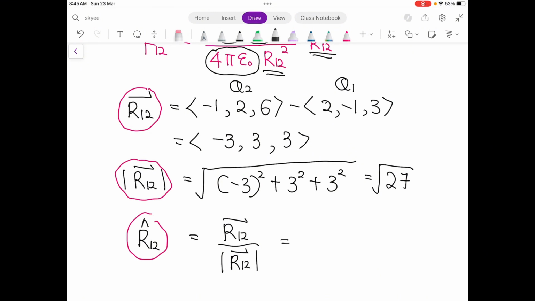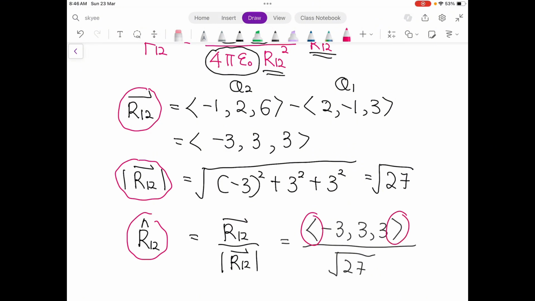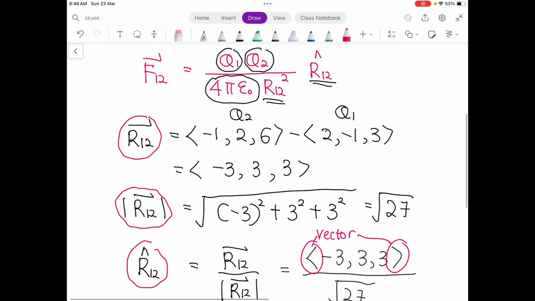So we put (-3, 3, 3) over square root of 27. Again, I repeat, this is not representing a coordinate; it is representing a vector. Whatever is inside is a vector representation. IJK, but we don't use IJK in this subject; we use XYZ. So you have all this already.